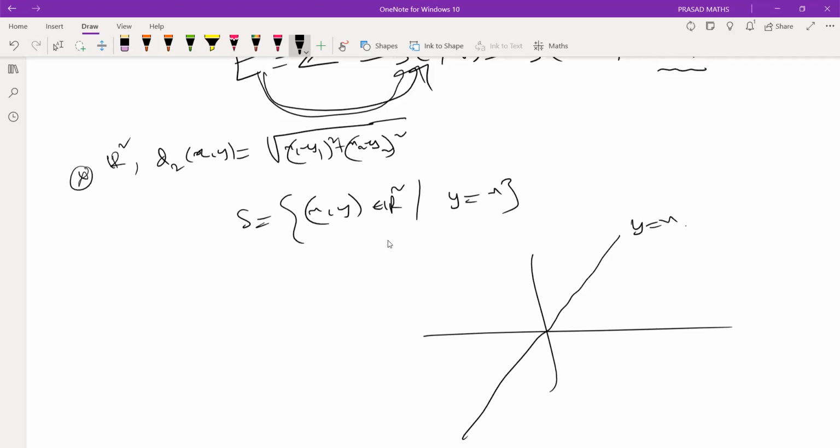No, sir. You give me any open ball, it should not contain the full line. Yes or no? My open ball is nothing but what? An open circle. Does an open circle contain this full line? No. Yes or no?